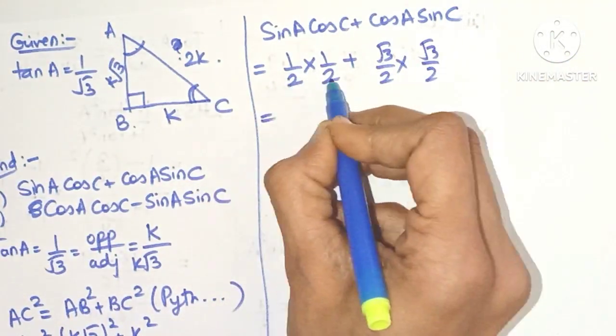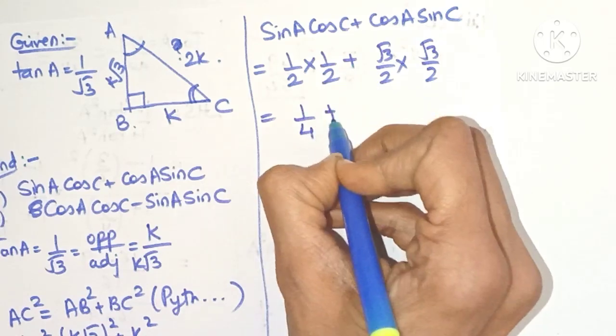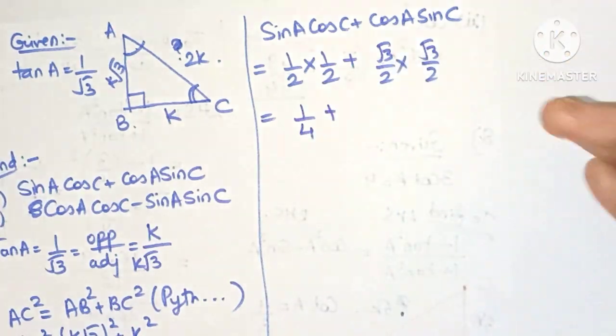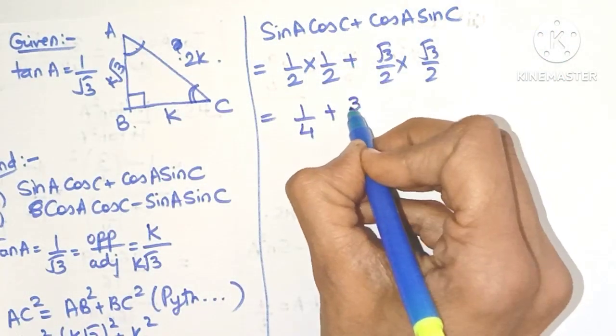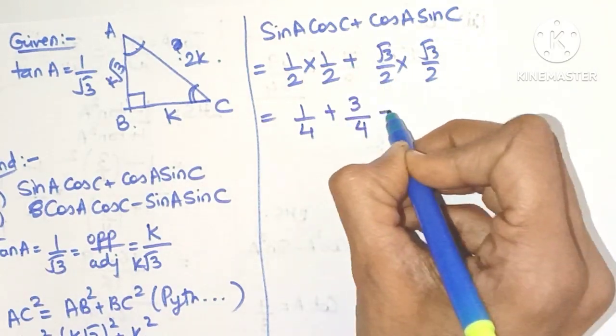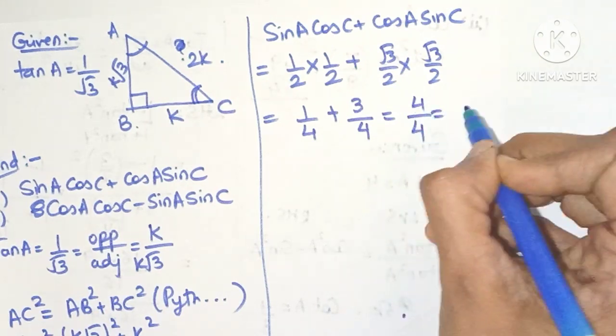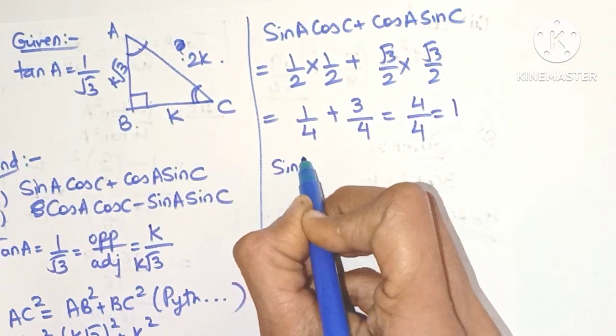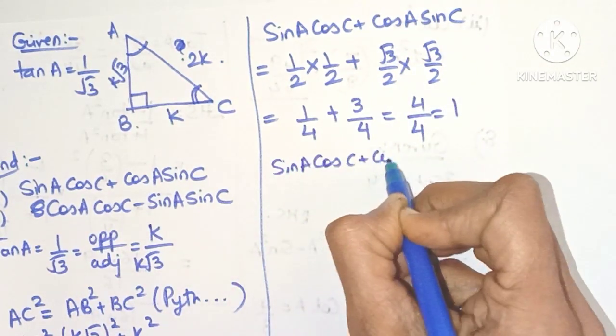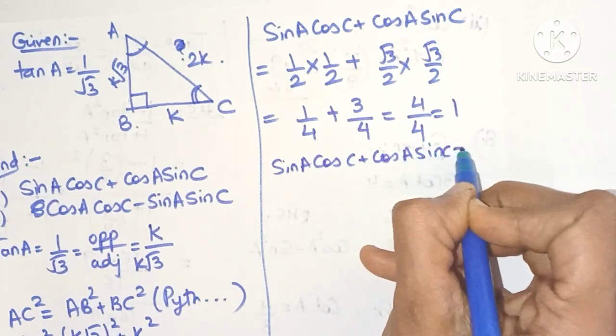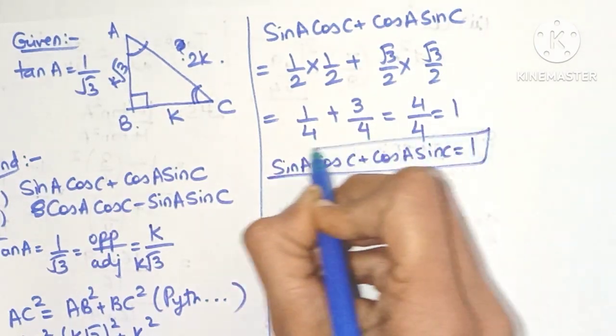So this is 2 into 2 is 4. There's a plus sign. Now root 3 into root 3 means the root goes away, friends. You'll get 3. 2 into 2 is 4. 1, now the denominator is the same. 1 plus 3 is 4. So you will get sine A cos C plus cos A sine C as 1, friends. Okay, I hope you understood.